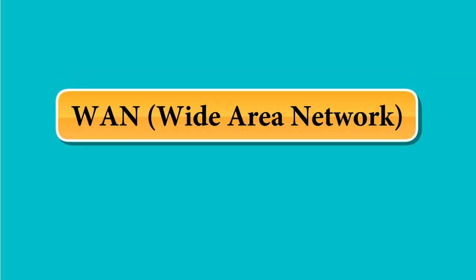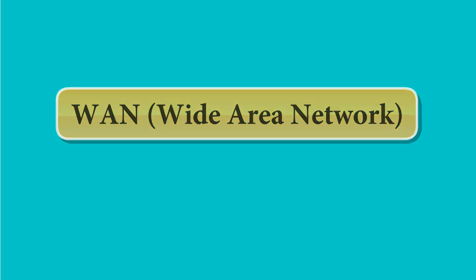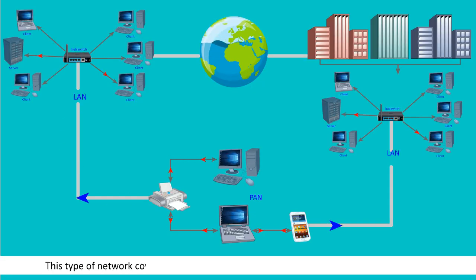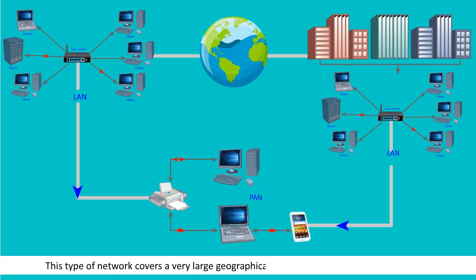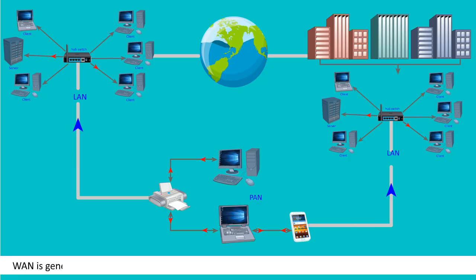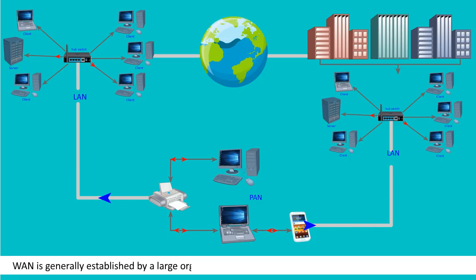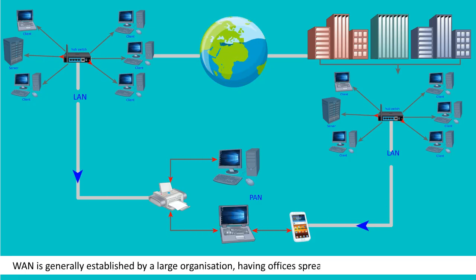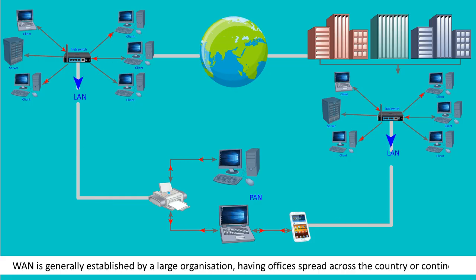WAN or Wide Area Network. This type of network covers a very large geographical area across the country or continent. WAN is generally established by a large organization having offices spread across the country or continent.